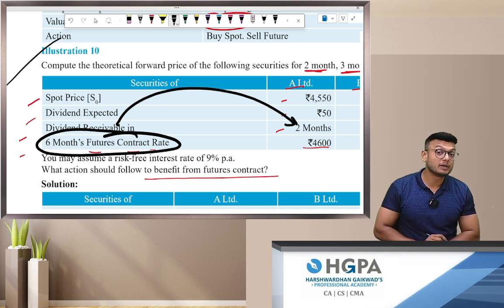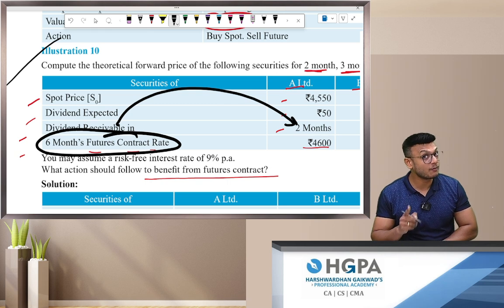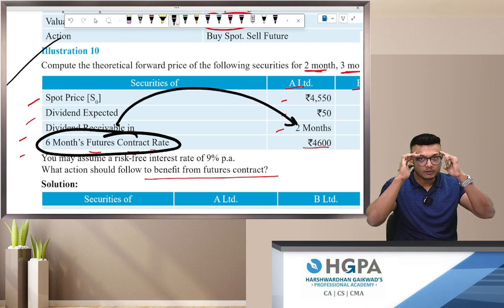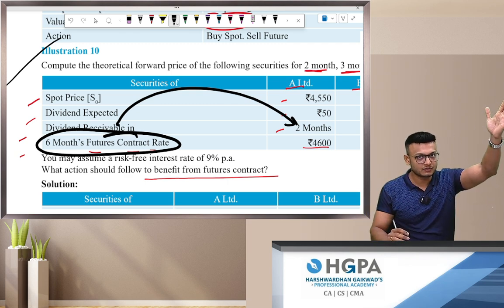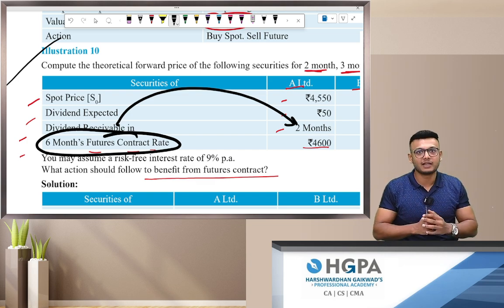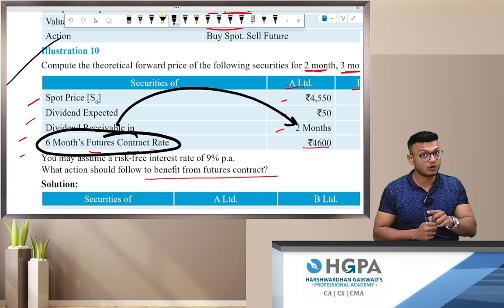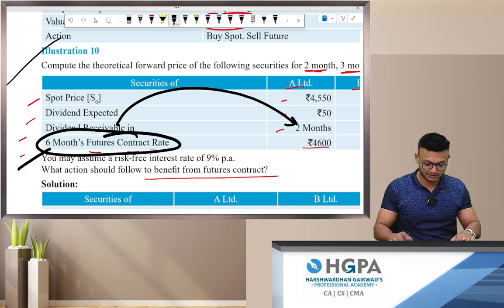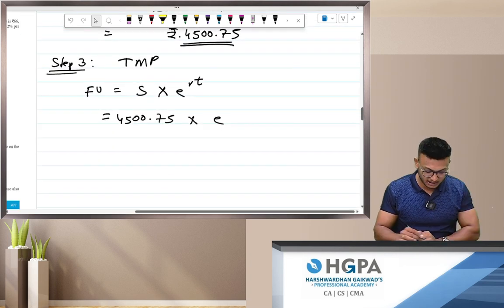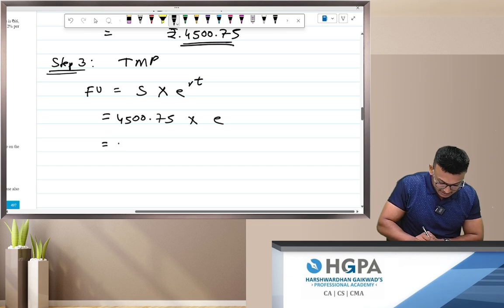So when I'm computing the theoretical market price, I won't take 2 months, because I've already taken 2 months in the above step. If I take 2 months again, it will go wrong. This is 6 months, so in my third step I will take 6 months.